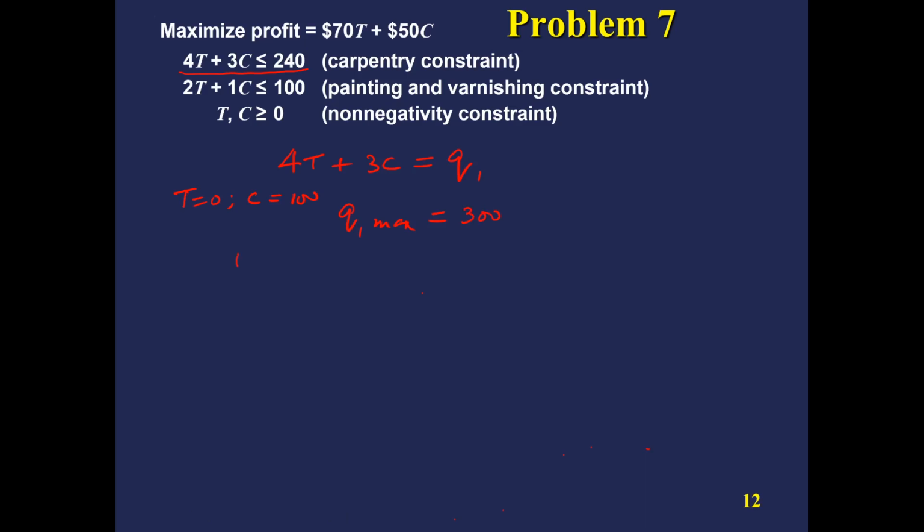For minimum, T is equal to 50 and C is equal to 0, and plugging these in the constraint, we get Q1 minimum is equal to 200. So we can say that the Q1 range is from 200 to 300. That's it. And we can do the same thing for the painting constraint.